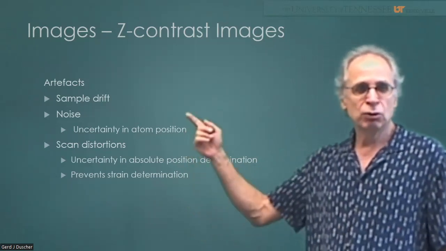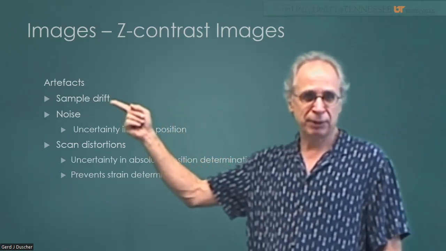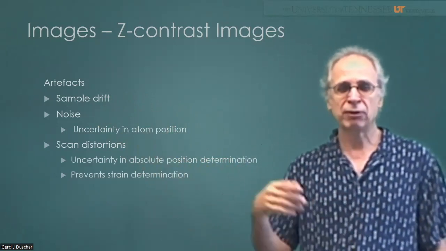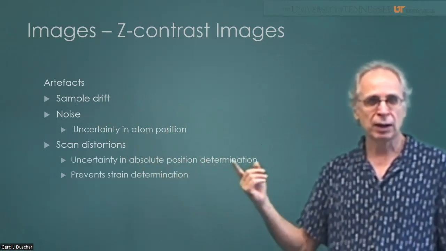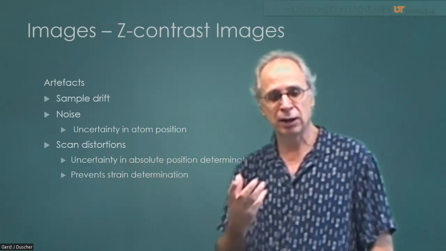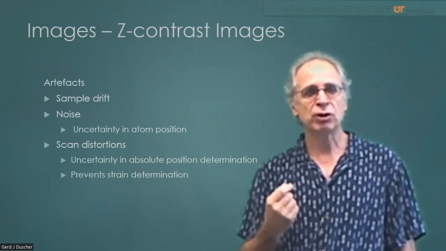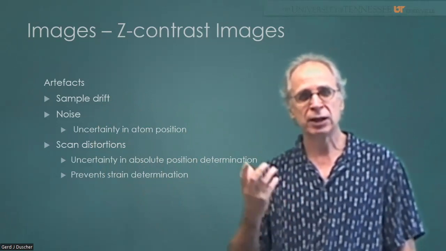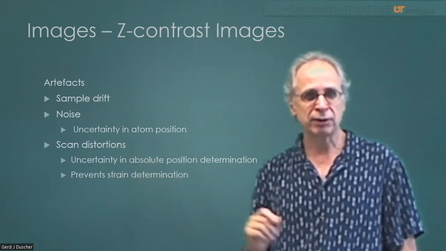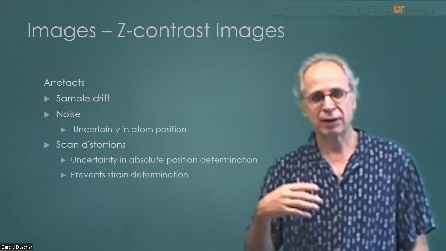Why? You can get rid of sample drift. The noise in a single image can be averaged out. And if you do several scan image stacks, then you can get actually an idea of the scan distortions that are non-random and that you can then subtract.